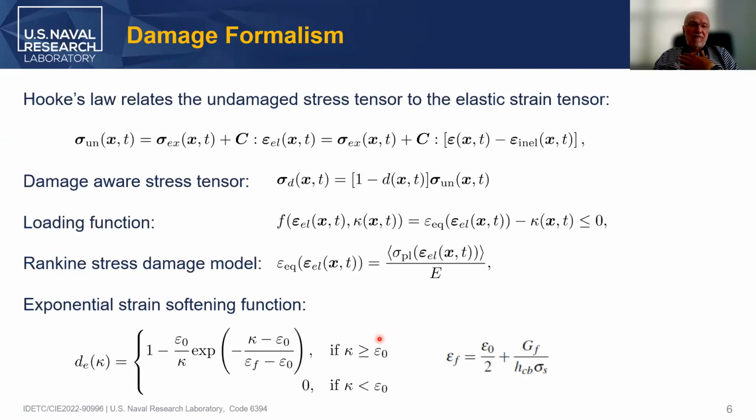Then, for the damage formalism, we consider that the actual final stress is a stress that is degraded. This is the undamaged stress tensor, and this is the damaged stress tensor. The relationship is through a multiplier that has this damage parameter, which, when it is zero, means there is no damage, so the two stresses are the same.